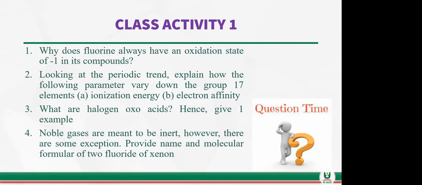Fluorine will have the highest ionization energy because its valence electron is close to the nucleus, which has the positive charge. So there is a strong electrostatic interaction between that electron and the nucleus. The energy needed to pull away one valence electron will be very high.